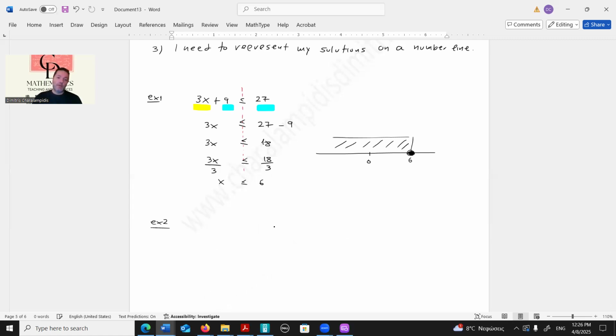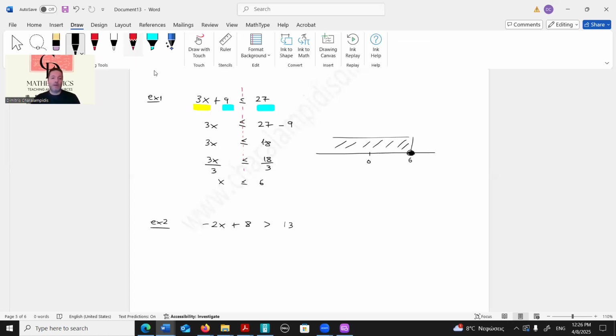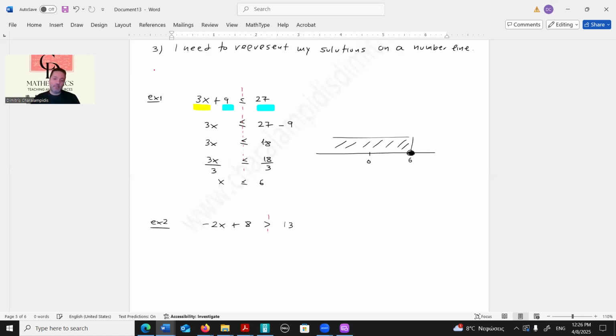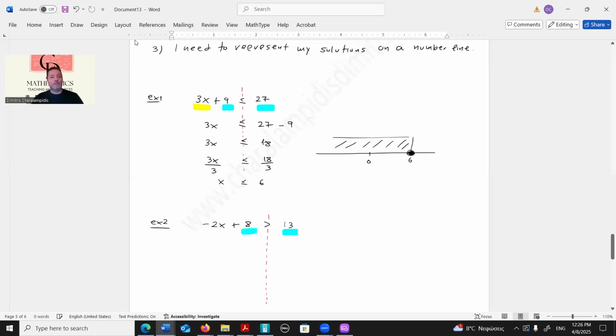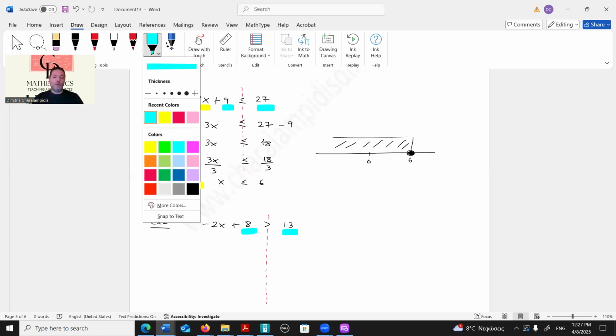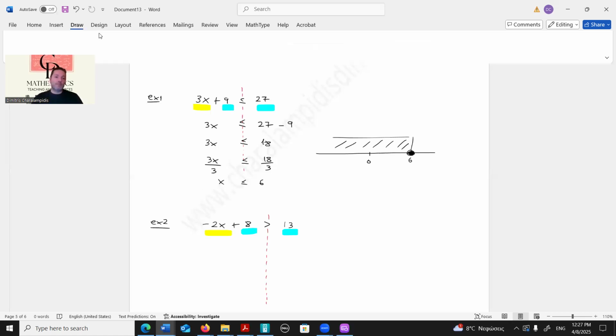Negative 2x plus 8 greater than 13. Again, I will begin by visualizing the boundary between the two sides. I will color by blue all the constants and by yellow all the variable parts.